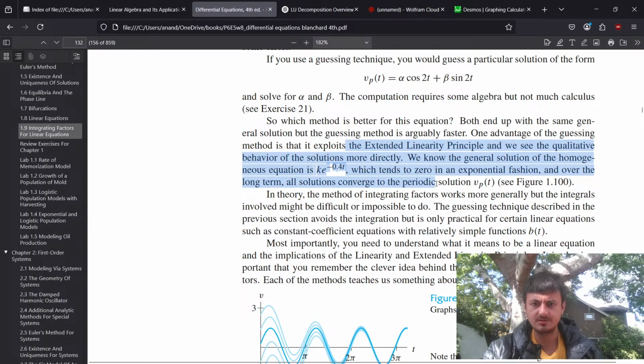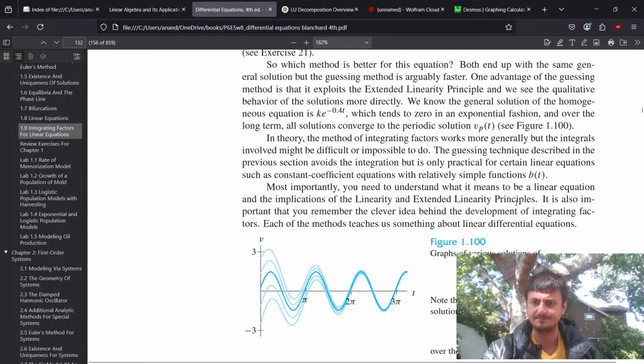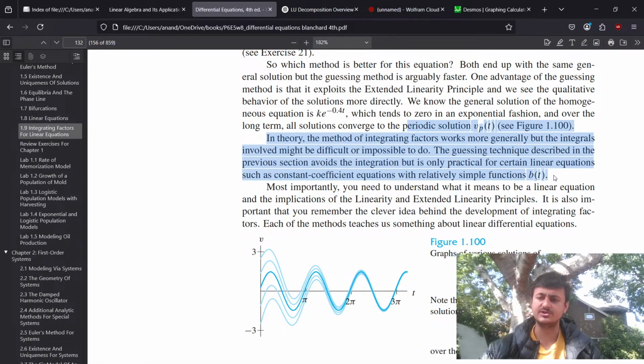We know the general solution, which tends to 0. And so over the long term, all solutions converge to the periodic solution. Yeah. Okay. I feel like it does make sense what the two strategies are.